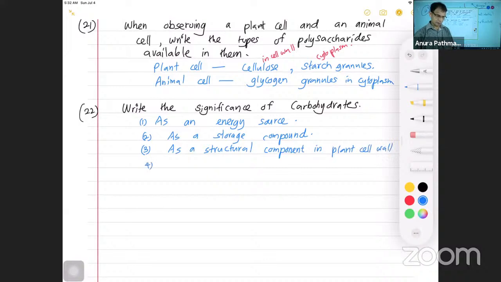And 4, as a constituent of nucleic acid.